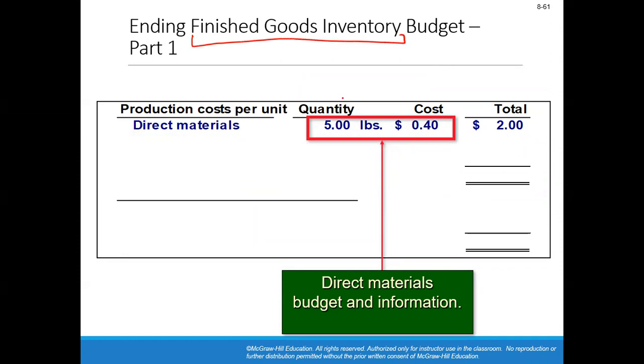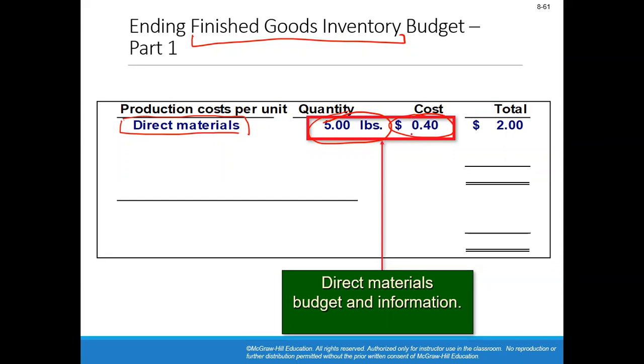We have been given this information, direct materials. Can you recall in the direct materials budget, for each unit of production, we require 5 pounds of direct material? Can you recall the information given? We worked in the direct materials budget, okay? And for each pound, the direct material cost is $0.4.